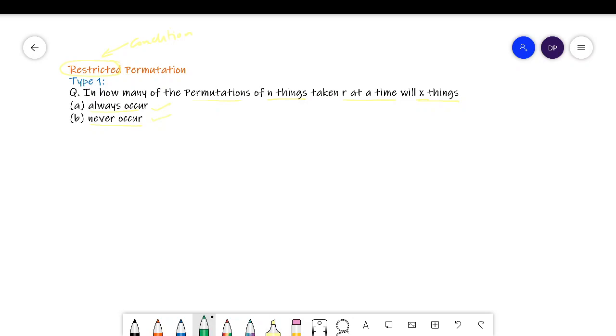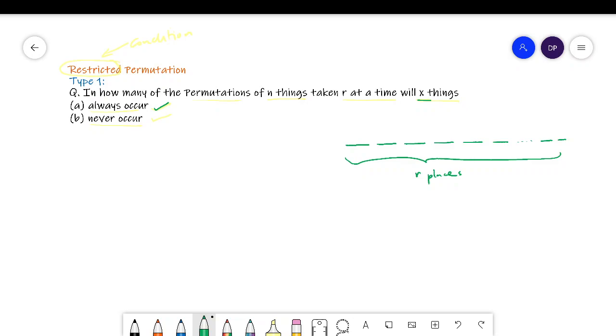Now what do you understand from this? Here taking r things at a time means we'll have r places to make the arrangements. In total there are r positions or r places. Fine. Now first one, x things always occur.